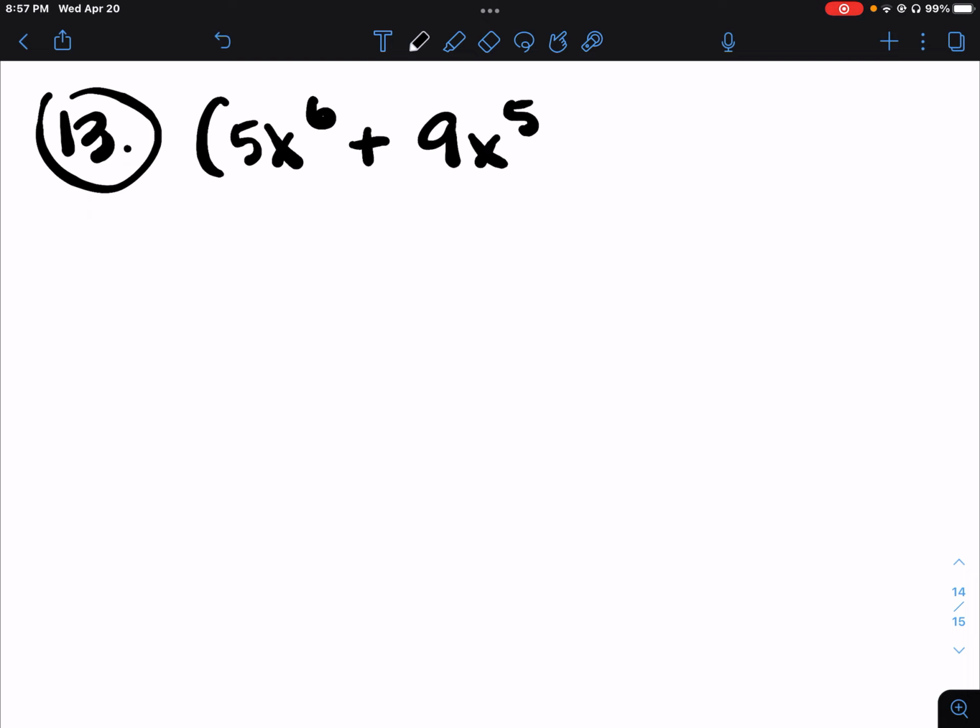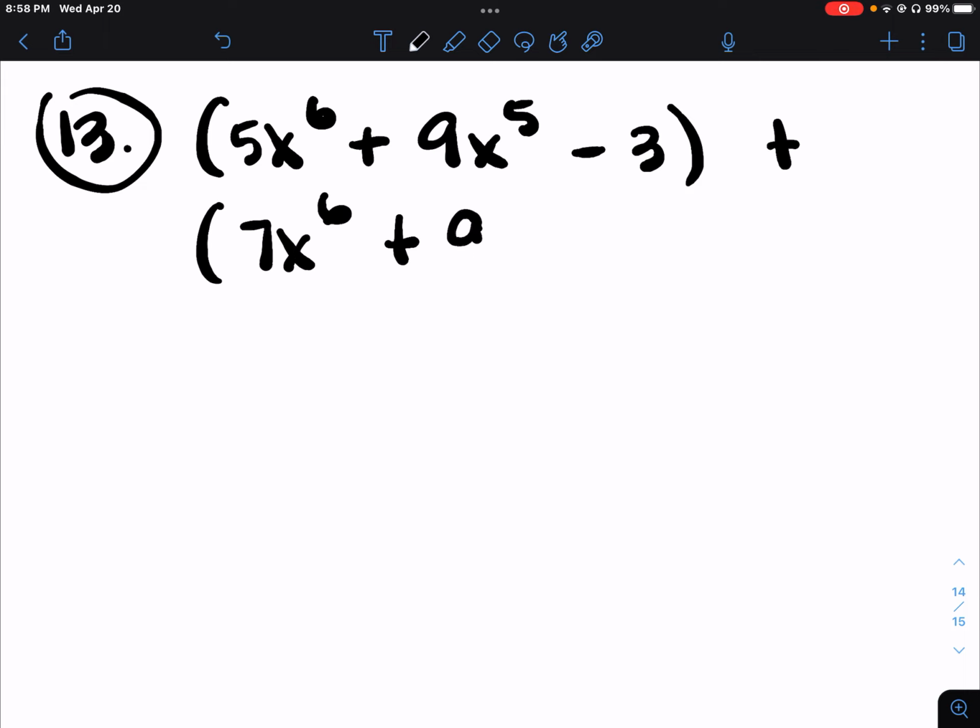13, working with polynomials. We're adding. I'm just going to go ahead and line up those like terms.